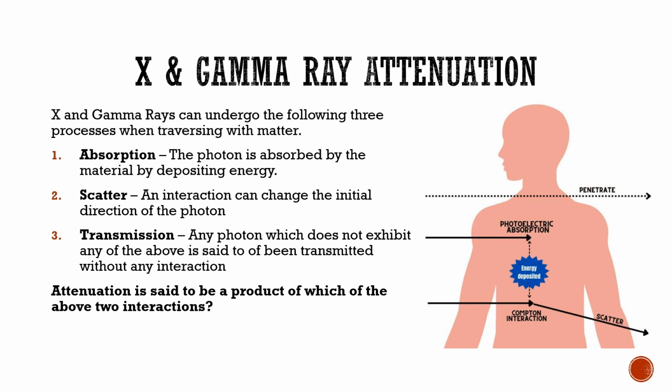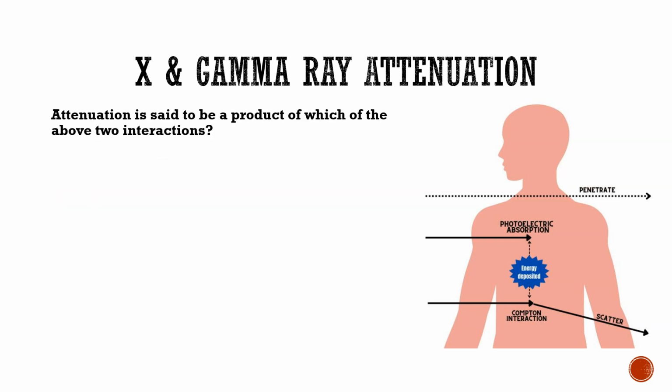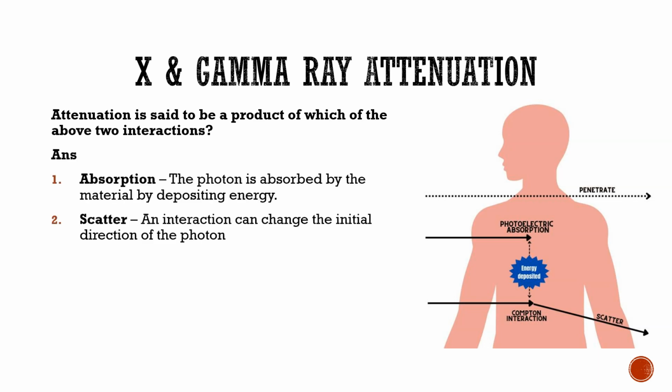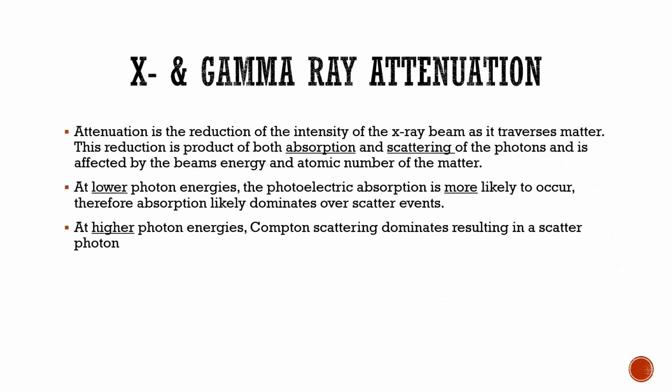Now, attenuation is said to be a product of which of the following two interactions? Attenuation is a product of either, or both, absorption or scatter, and is essentially a change in the initial flux of an X-ray beam as it traverses through matter. Attenuation is a reduction of the intensity of the X-ray beam as it traverses through matter.